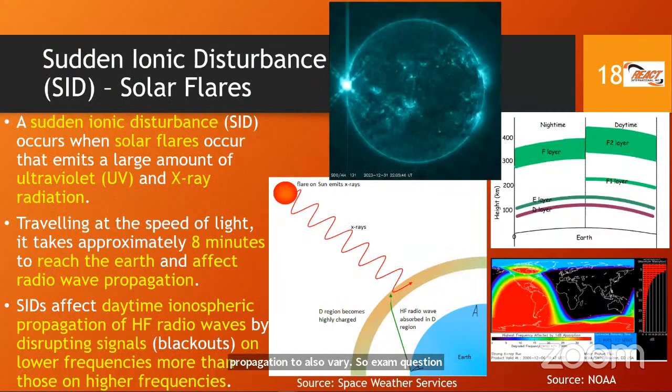All right, so our sun, because it's very active, will from time to time have what are called SIDs, or sudden ionospheric disturbances, as a result of solar activity. And one of the key activities that take place on the sun, usually associated with coronal holes or sunspots, are called solar flares.